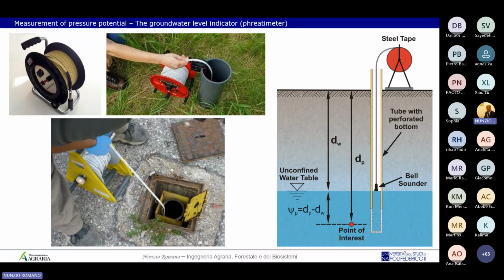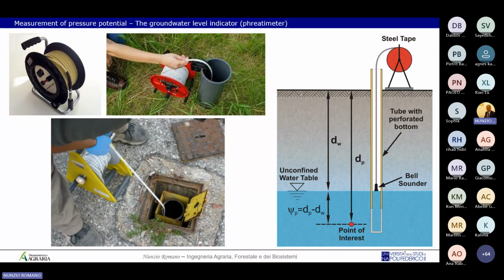The cylinder has holes only at the bottom, so the water can enter into the cylinder, and because of the hydrostatic pressure, the water in the piezometer is at the same level as in the phreatic aquifer, the unconfined aquifer.